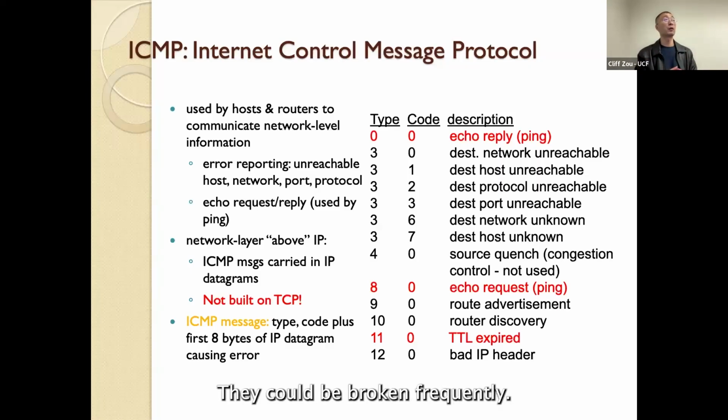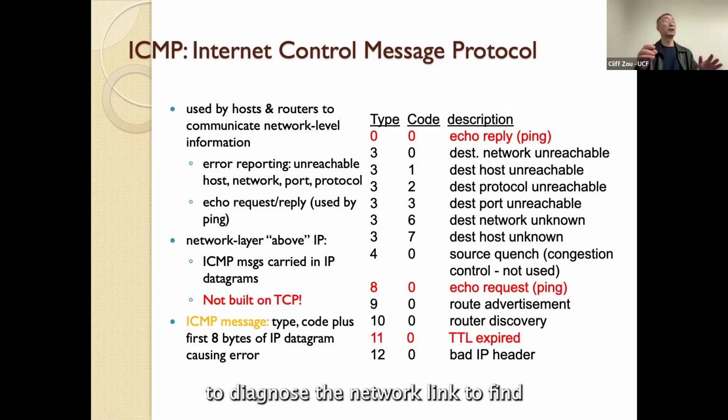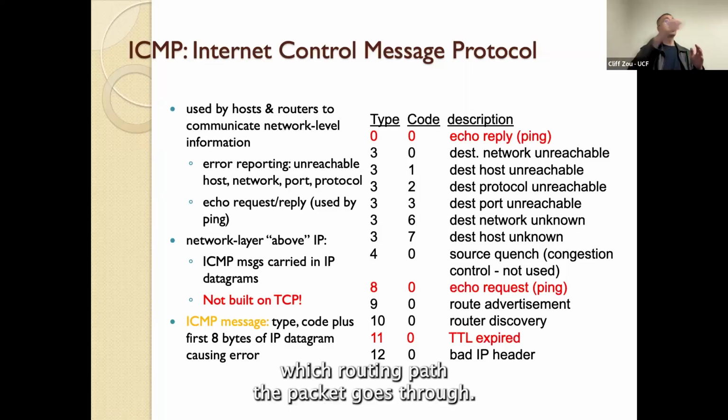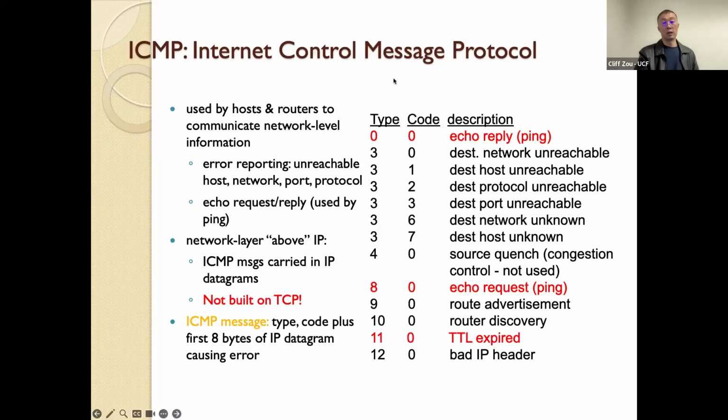They could be broken frequently. So people ran a lot of this ICMP traffic to diagnose the network links, to find which link had broken, and which routing path the packet goes through. For all those, they use this ICMP packet.